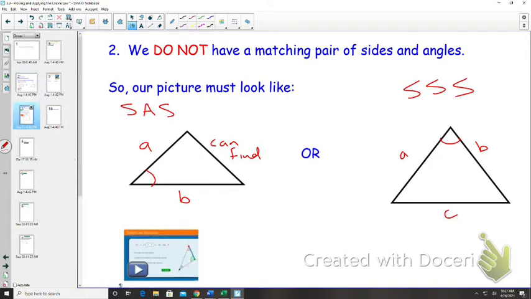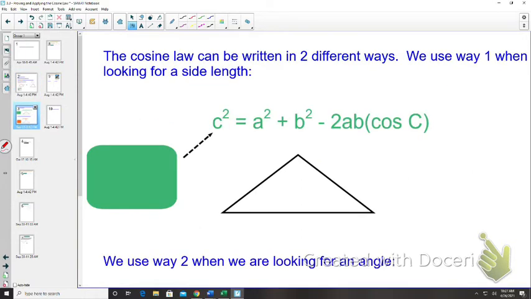Okay? So the cosine law is written in two different ways. Okay, so you guys have these on your notes. One is c squared is equal to a squared plus b squared minus 2ab times cos of C. Okay, so this is the side we don't know. C is the side that we don't know.